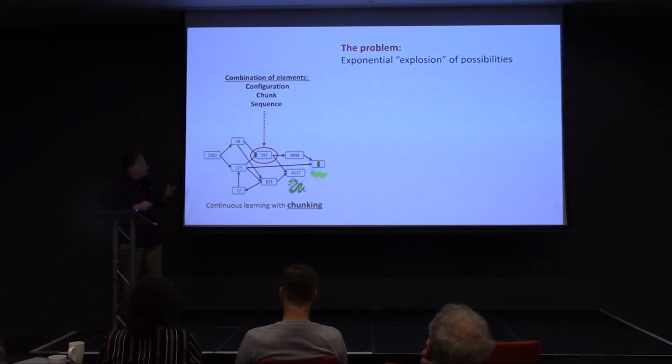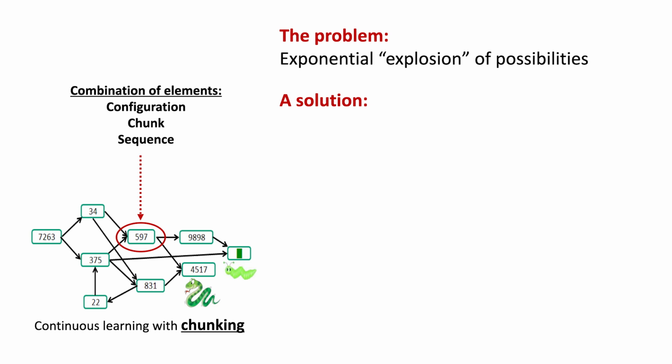And the solution that we suggest is that the way to learn chunks, or to decide that some chunks are important, is if you meet, for example, this chunk 597, assuming this is a combination of elements, if the animals see it together again, like in associative learning, things that fire together, wire together, they're connected.